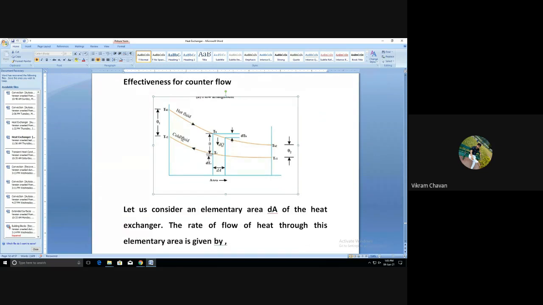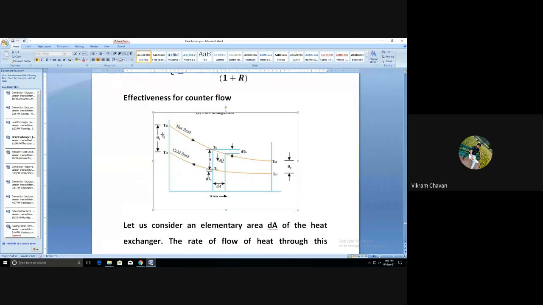So in this case we will get theta 1 as Th1 minus Tc2, and theta 2 as Th2 minus Tc1. We have to remember this part. If you observe this diagram, this is the positive x direction, and in the positive x direction both the fluid temperatures are going to decrease.